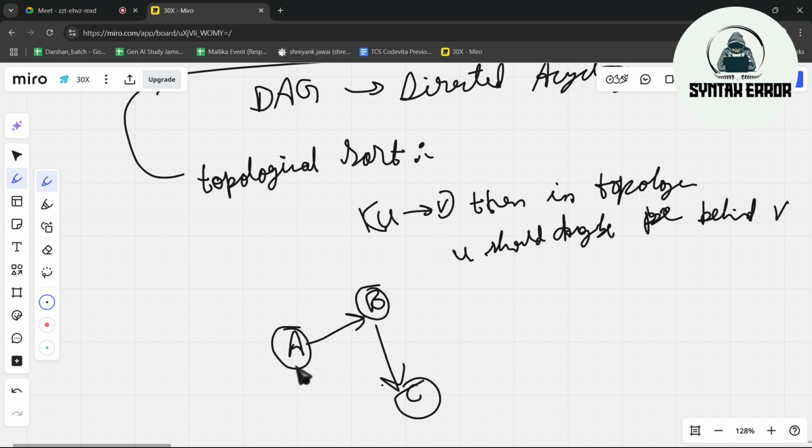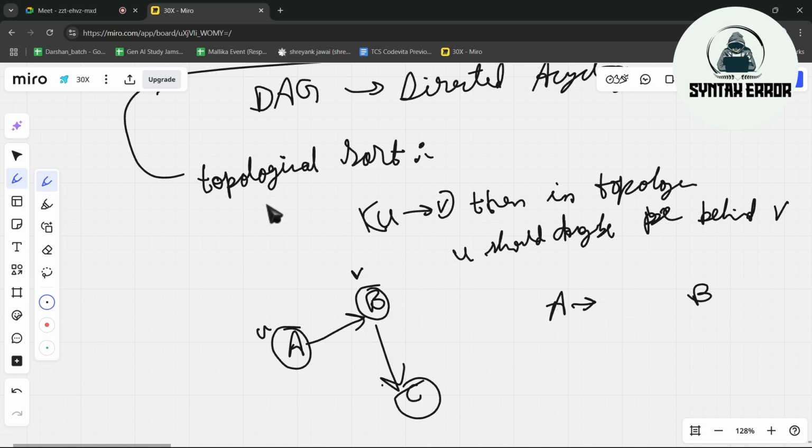What this means is, if A is connected to B, assume it as U is connected to V. That means in our sorting technique, U should always be behind V. So A should always be behind B. No matter if we have any elements in between these two elements, that doesn't matter, but A should always be behind B in a sorting technique.